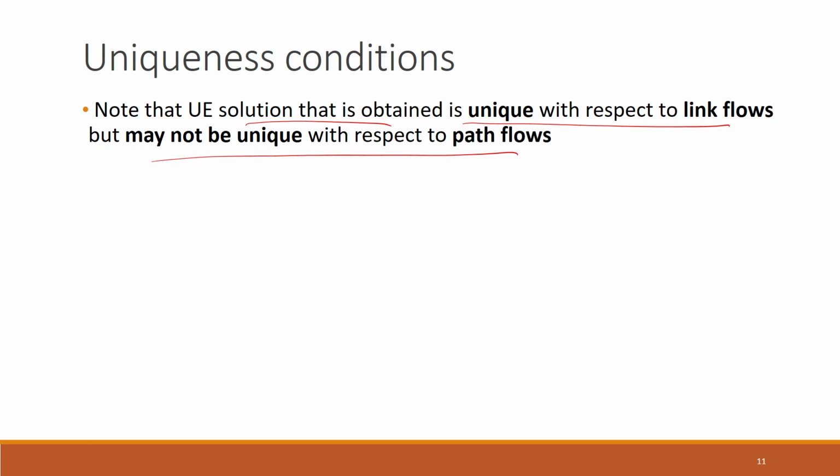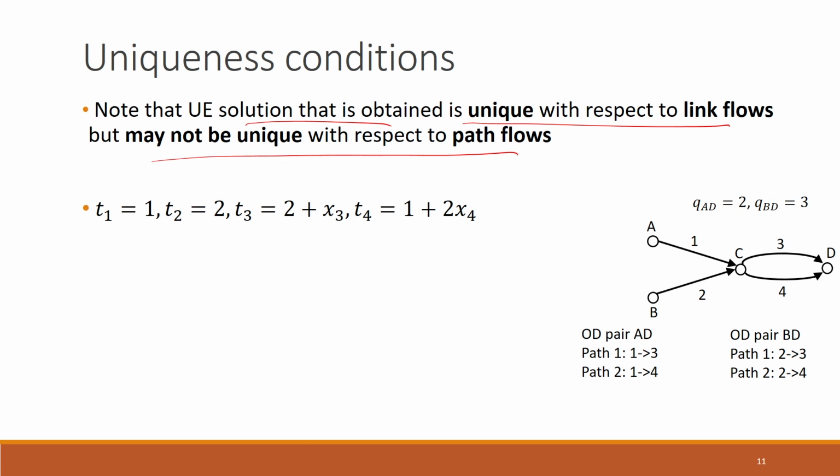And it just so happens that this uniqueness of the solution is with respect to link flows only, and there can be multiple solutions that have different path flows for a single solution of link flows. So let us see an example for that.